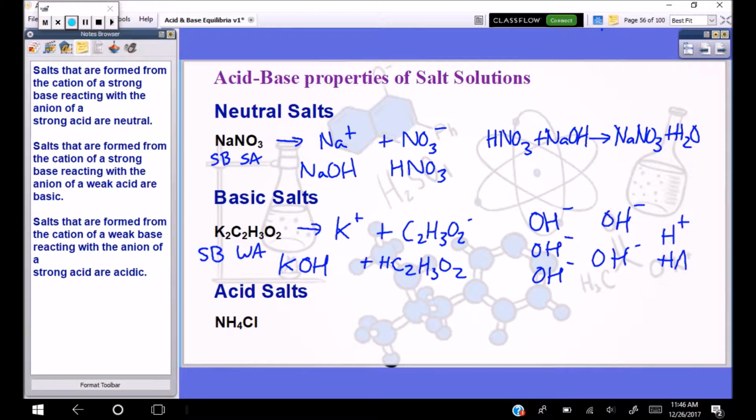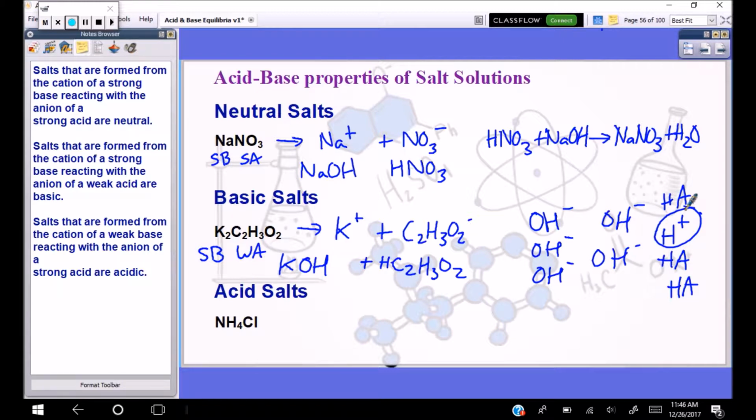The weak acid, you're going to have mostly HA. And that HA is not really going to react with your OH-, but your one H+ will. So it makes sense that if we have a strong base and a weak acid, we've got way more hydroxide in our solution, and therefore when we have a salt like this, the solution overall will still be basic because we haven't quite neutralized everything.